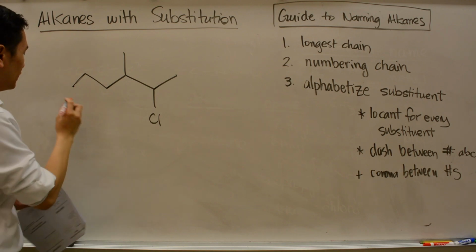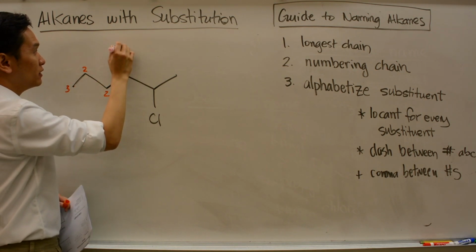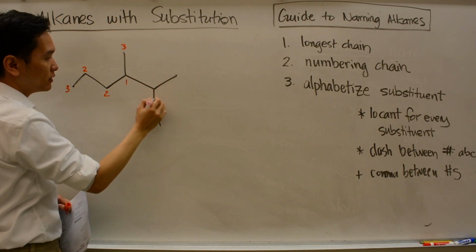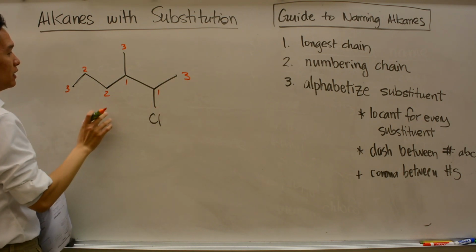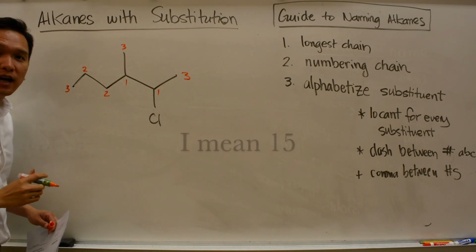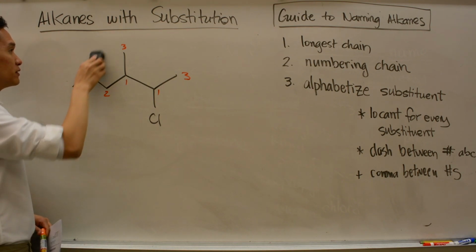Okay? So let's count: 3, 2, 2, 1, 3, 1, 2, 3. So this only has 1. This is also only 3. So that's 3 plus 3 is 6, 9, 10, 14 hydrogens. Alright, lastly, let's name this compound.